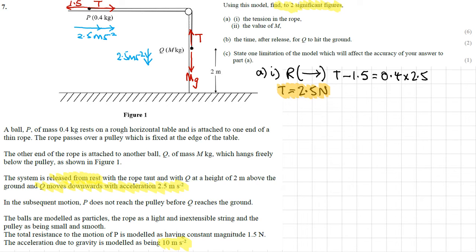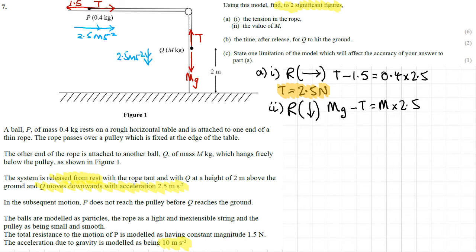Next, we'll find the value of M. Now, this is given to two significant figures, so I can leave it like that, I don't need to write anything. So to find M, I'm going to do an equation of motion for Q. So resolve downwards, so that will be mg minus T, there's my resultant force, is equal to MA. So MA, A is 2.5.